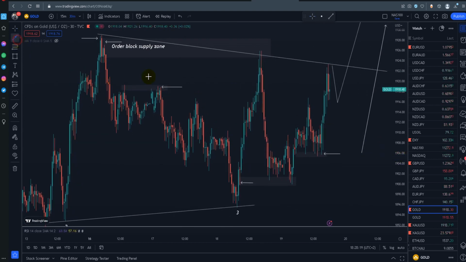By the way, if there is a green candle wick, there is a 90% chance that the market is going to go down and then push past it. Okay, that is an indication for a future bullish impulse for the market to come back past that zone. Here is another indication right here. If you look at this one, there's a green candle with a tail right there, and look what the market did.